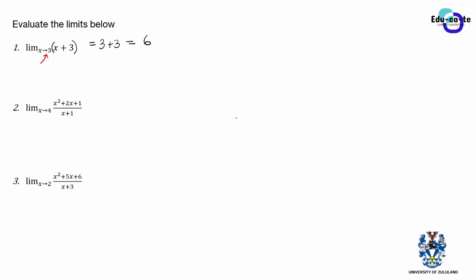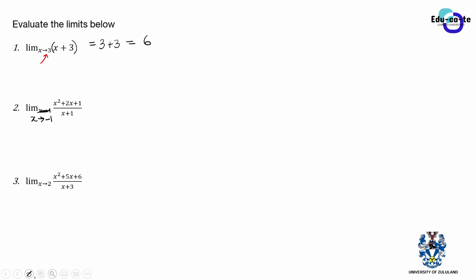Let us see number 2. This is the limit as x tends to, or actually I wanted this to be the limit as x tends to -1. So change that. So this is the limit as x tends to -1. That's what I wanted. So now let us look at the substituting part. Can we really substitute here? No, we cannot.